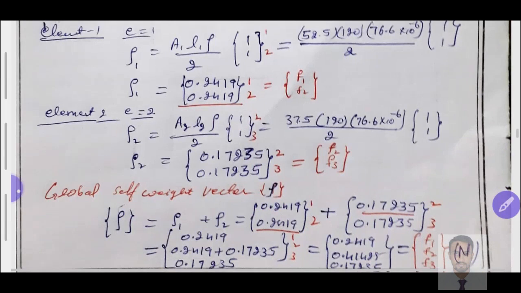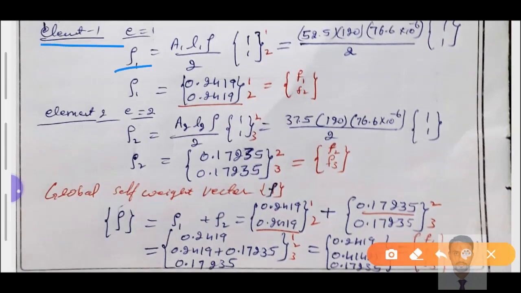So now after finding that, consider element number 1. We have this equation. f1 is equal to A1 L1 rho divided by 2 [1 1]. f1 means small f1, f2 values for element number 1. So we have these values.